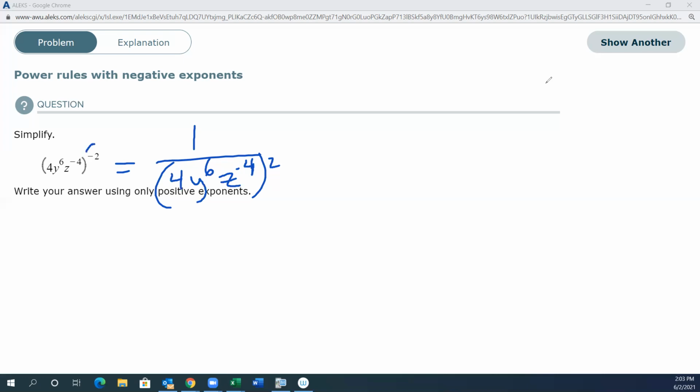Another way would be to just bring that -2 right in and hit everything right away, just like we've done in the past. I've already got this written out, so I'll just do it. So I've got 4 squared, y to the 6th squared, z to the -4 squared.